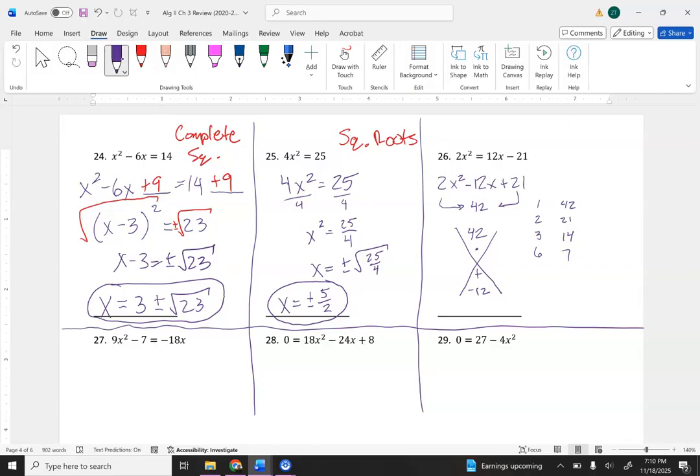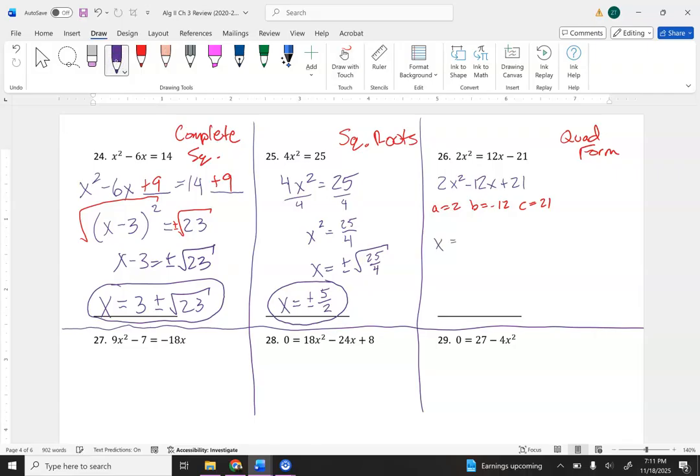So this one might be something we have to use quadratic formula for. And for myself, I'm okay spending a little bit of time checking to make sure. But once I know that AC method isn't going to work, I'm just going to go straight to quadratic formula then. So a is 2, b is negative 12, c is 21.